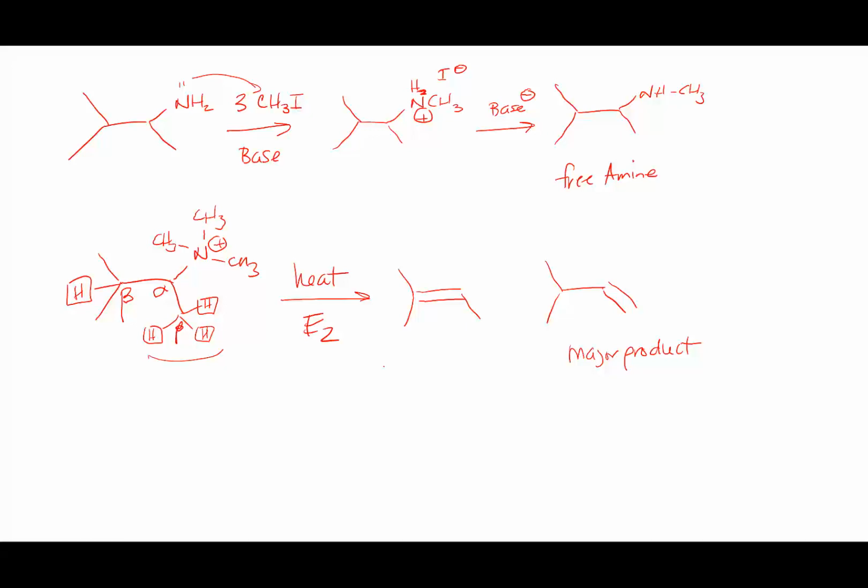So what does that mean for the geometry of the transition state? It has to be anti-periplanar. Right? It's got to be anti-periplanar. So the beta hydrogen and the leaving group have to be anti-periplanar.